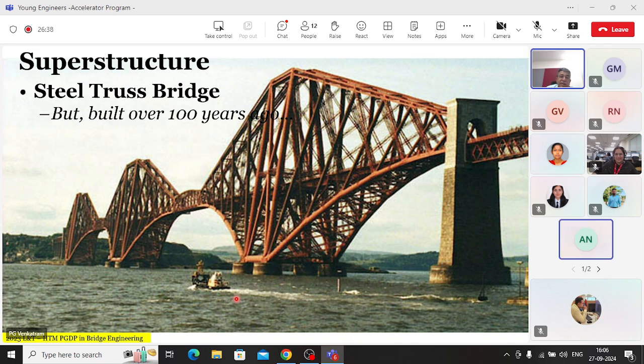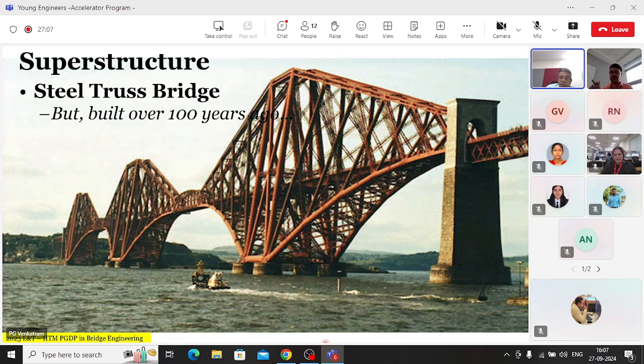Are you aware of an example similar to this in India? No, sir. Who said no? Shruti. There you are. I was expecting an answer, especially from the Calcutta office guys. You have a very similar concept. A cantilever bridge with a suspended span in the very famous Howrah Bridge. Howrah Bridge is exactly like this in the conceptual stage.